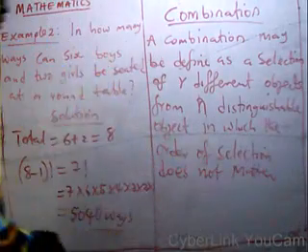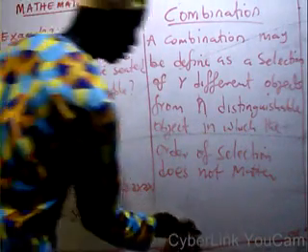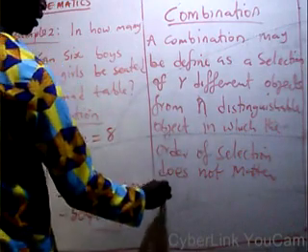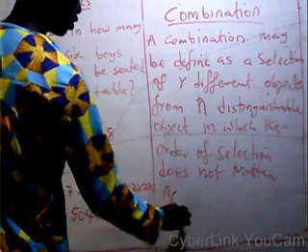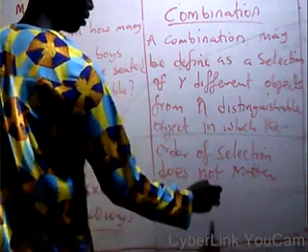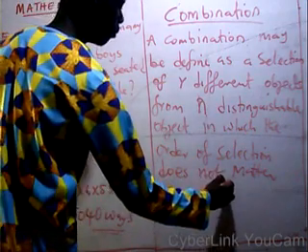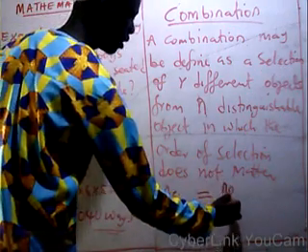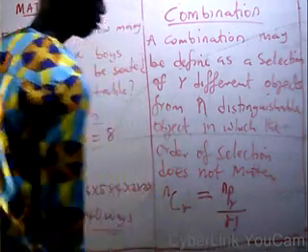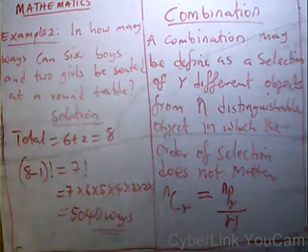Now, in this case, we usually denote combination using N combination R. And the definition of this is what? If you like, you can say N permutation R divided by R factorial. That's one way.